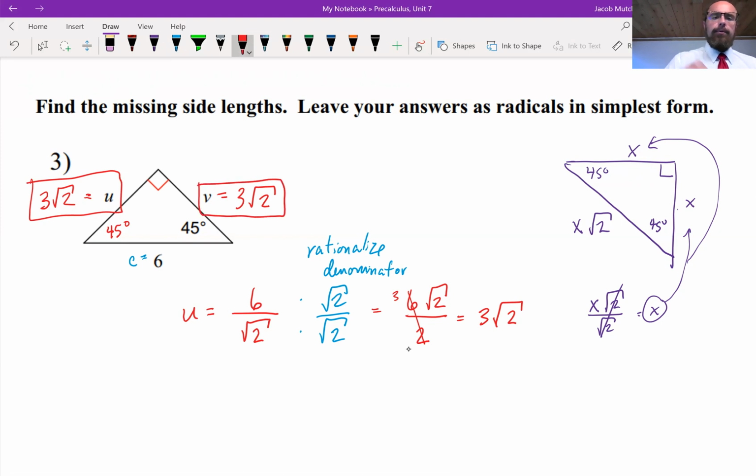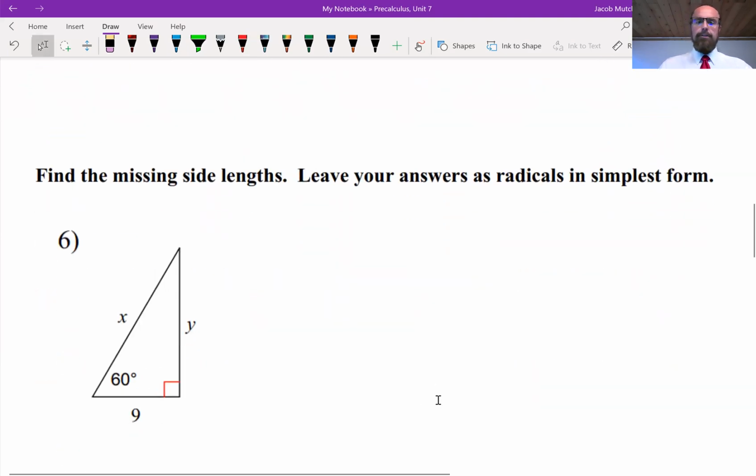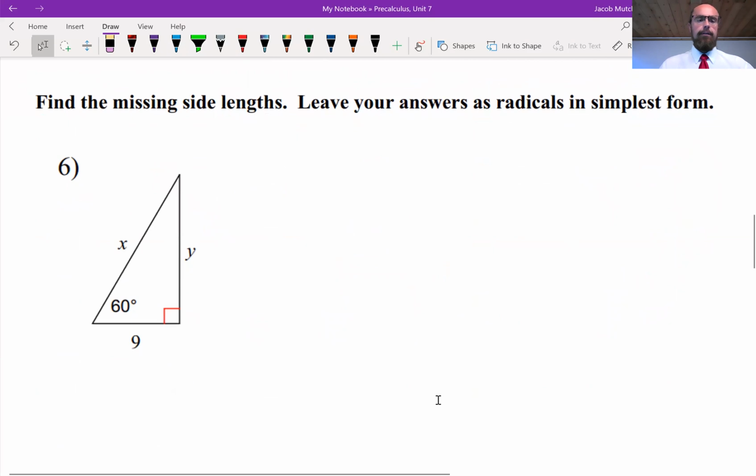So first two examples dealt with the 45, 45, 90 right triangle. Let's take a look at the other special right triangle, the 30, 60, 90 right triangle. So the diagram here tells me, again, just two of the angles. I see the 90 there with the square in the corner.